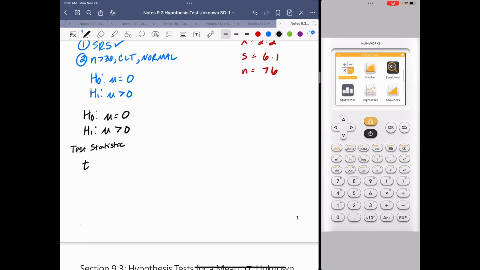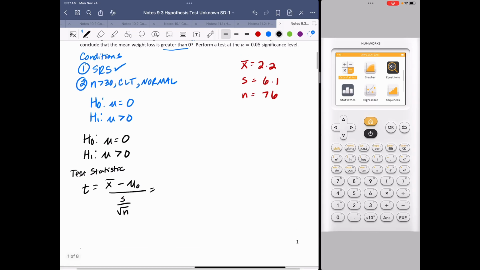It's going to be based on the student's t-distribution, and it's going to be X bar minus mu naught, the same as with Z. The difference is I'm going to use the t-distribution, and I'm going to use S in place because I don't have sigma. All right, so my X bar is going to be 2.2. My mu naught is going to be null hypothesis 0. My S is 6.1, and my N is root 76.